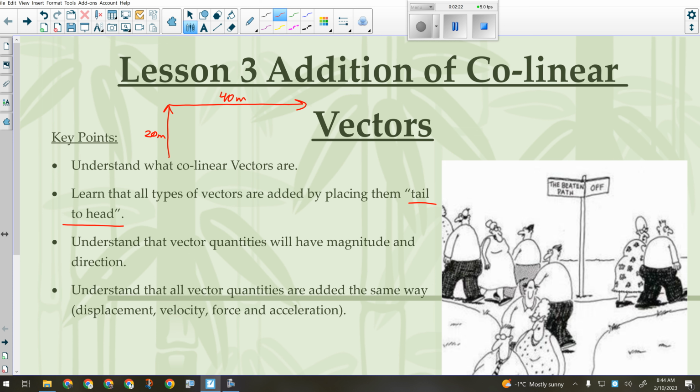Had I made that 40-meter vector instead look like this, then my diagram doesn't really represent what happened, because now that 40-meter vector is barely longer than the 20.